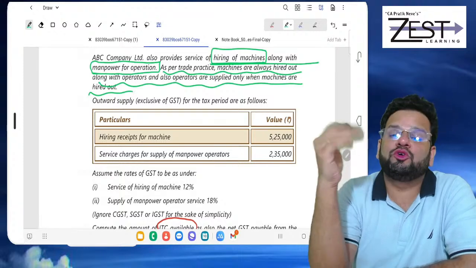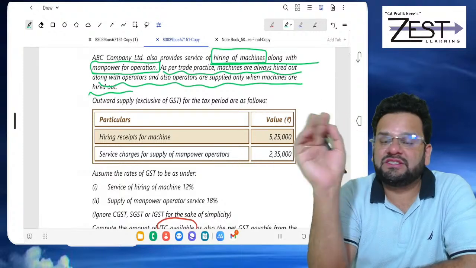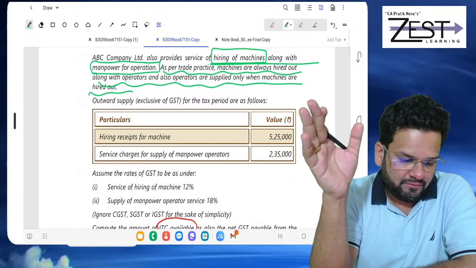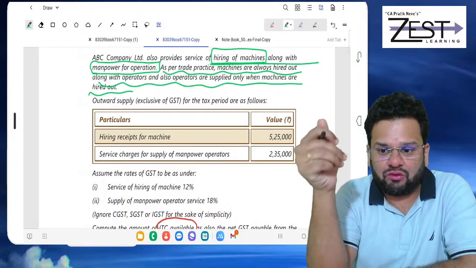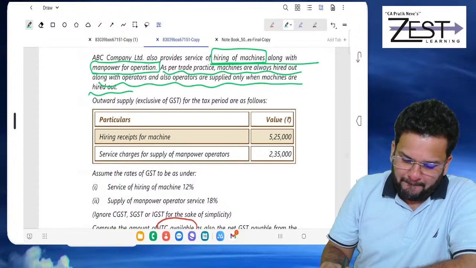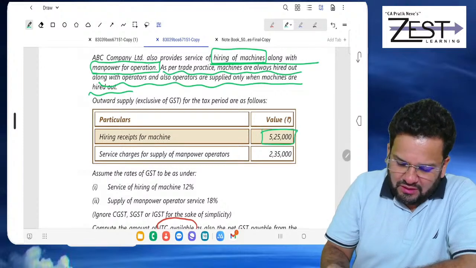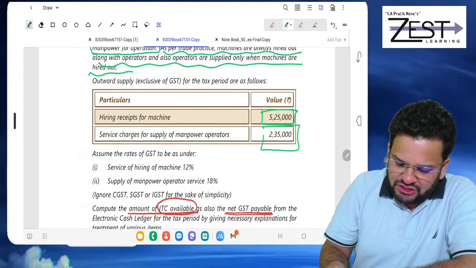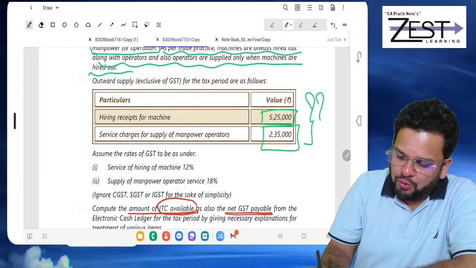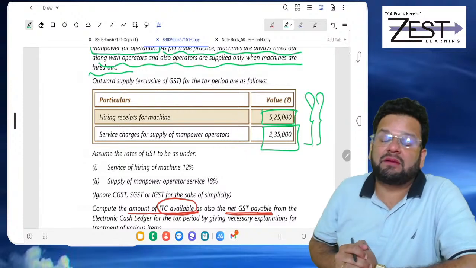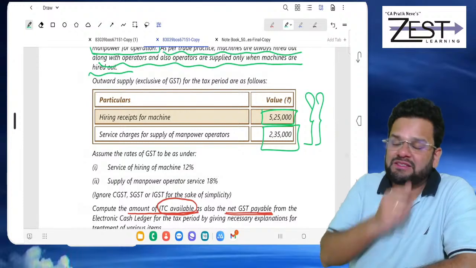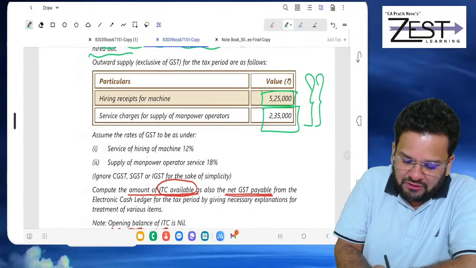So it is a composite supply in which principal supply is of hiring of machine. In that sum which we did, it was excavators. So hiring receipts of machine as well as service charges for supply of manpower operators, on both the rate of GST applicable will be as applicable to principal supply, and principal supply is hiring of machine.